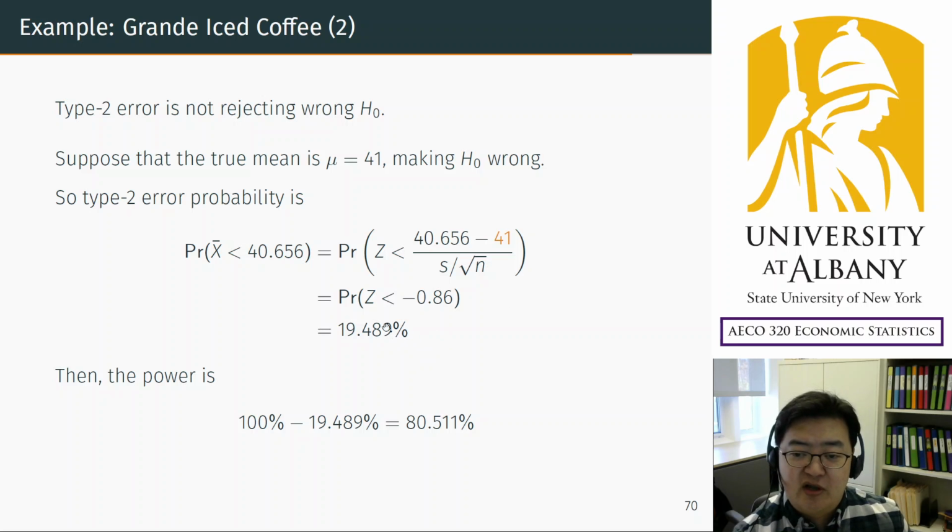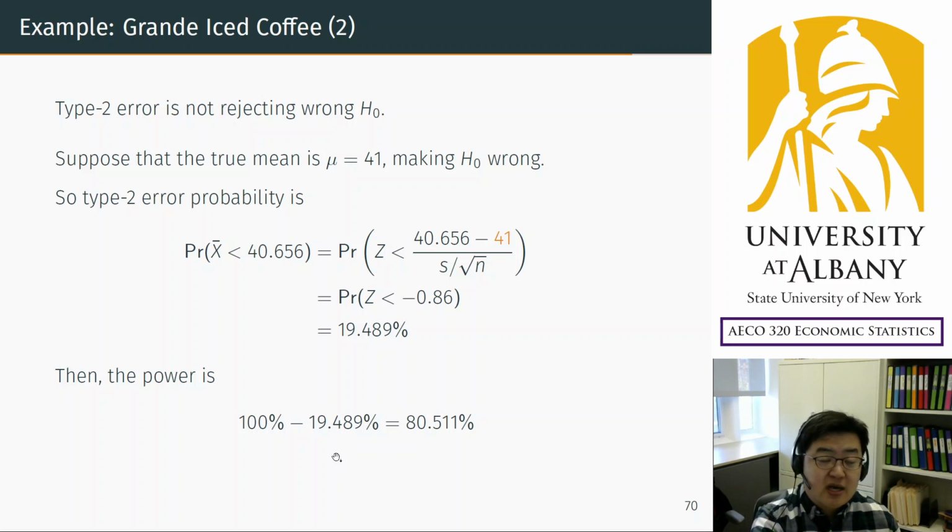So nearly 19% is the type 2 error probability. What you can see from here is that because it's a one-tail test, there is only one probability, only one inequality. It happens only on one side. And the power is the other side of the type 2 error probability. So 19 something is the type 2 error probability, then 80 something is the power of the test.